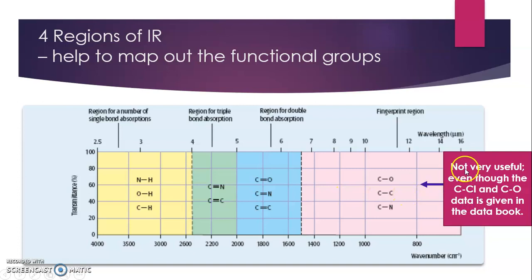Okay? And again, the lower region is the fingerprint region. It is not very useful. There commonly will be a lot of absorptions here. So even though the carbon-chlorine and carbon-oxygen bonds are given in the data book, we don't normally use them.